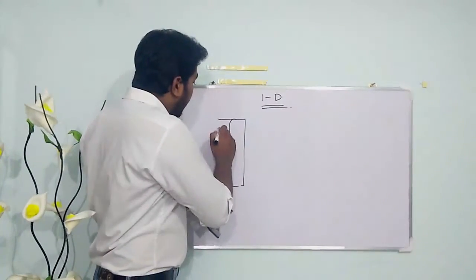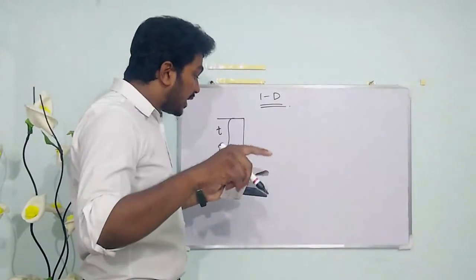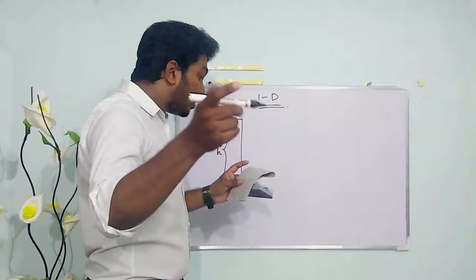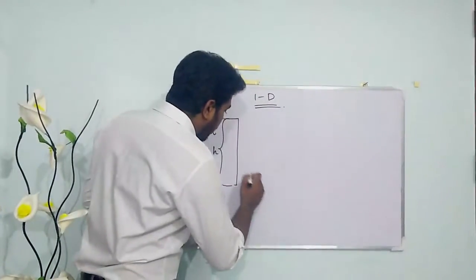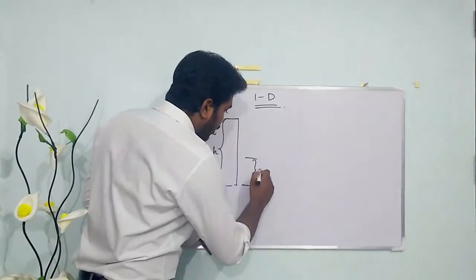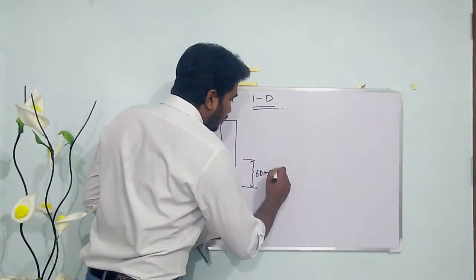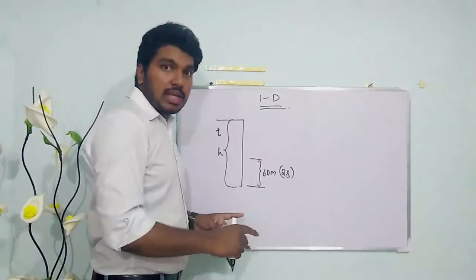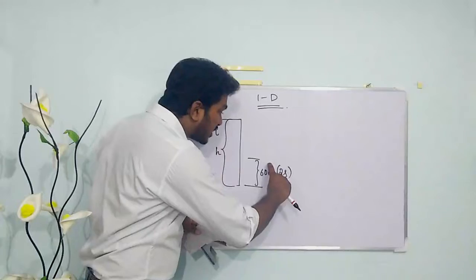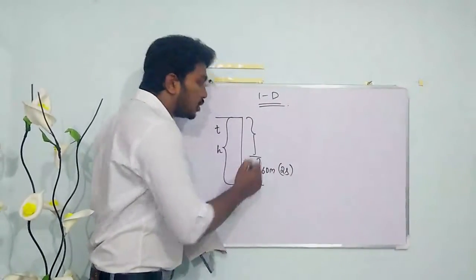Let the time taken be t. The total time taken is t. They're saying that in the last 2 seconds, 60 meters is traveled. The last 60 meters. So this is 60 meter. The time taken to travel it is 2 seconds. Now, if the total time is t seconds and the time taken to travel this much distance is 2 seconds, what will be the time taken to travel this much?